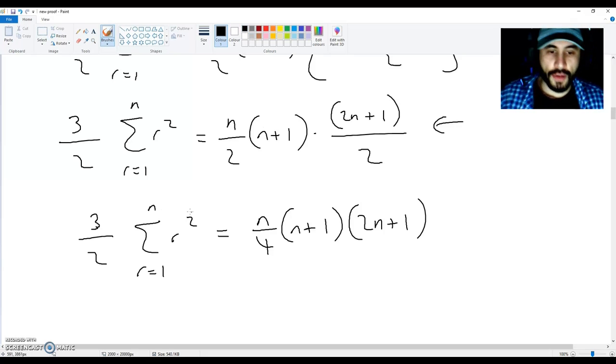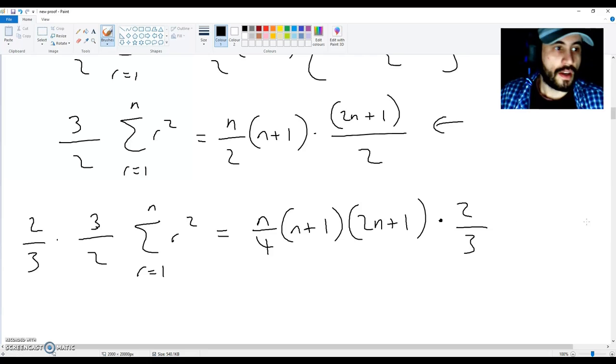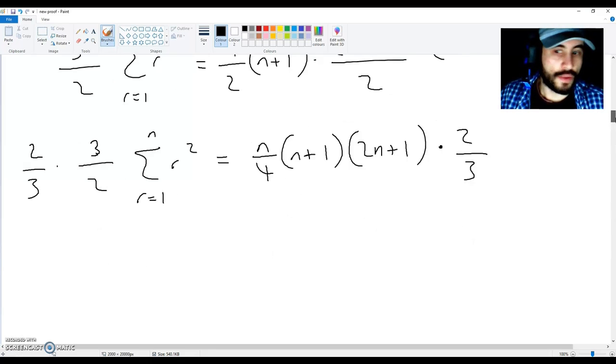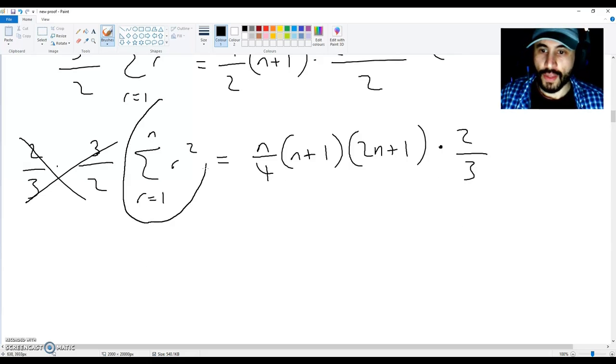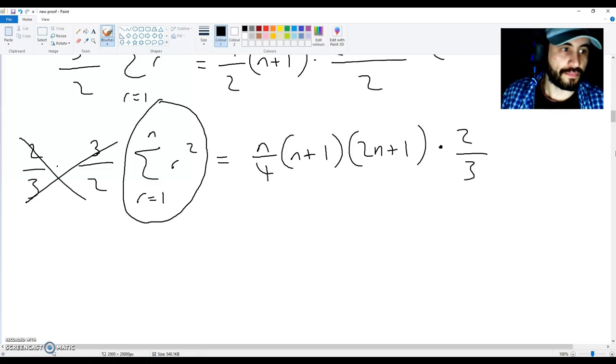Now let's multiply both sides of this equation by 2 over 3, because if we do just that, we are going to be able to isolate this. We get this on its own.